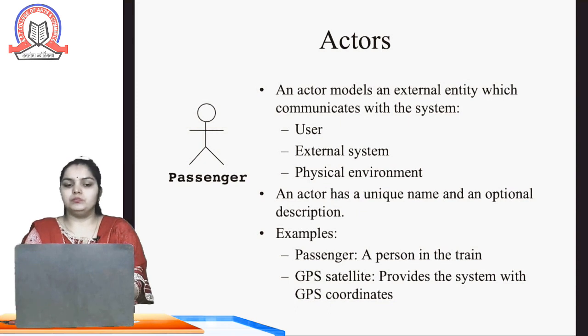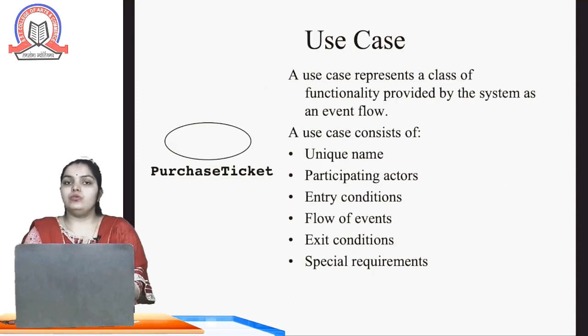Okay, now in case of the use case diagram, use case is nothing but the functionality of the system. It is nothing but the event flow as well. The event which is occurring in any kind of system can also be known as a use case.